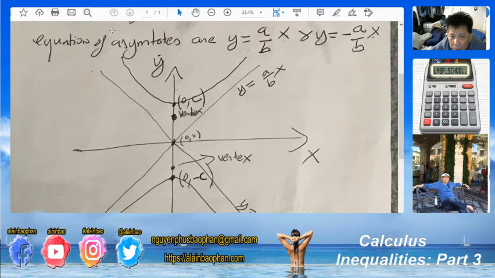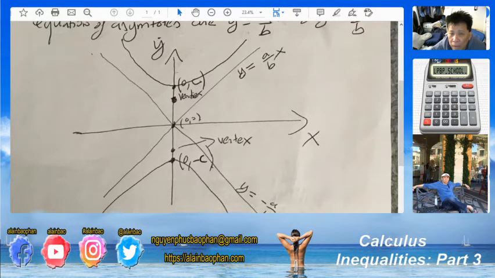Then you can draw the graph, which passes through the vertex points and goes along the asymptotes but never touches them. It's the same thing with the other branch, so you have two branches. This graph is called a vertical hyperbola.